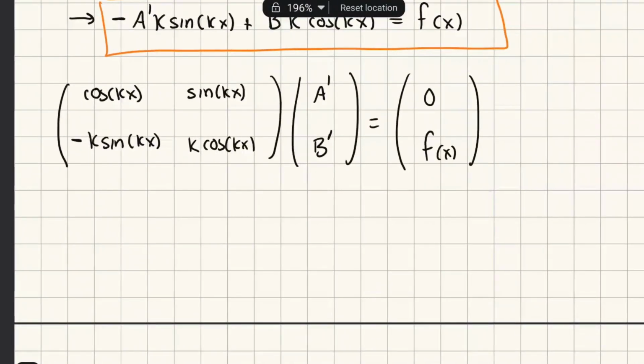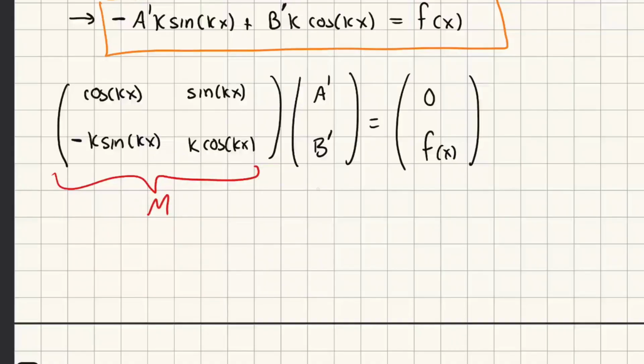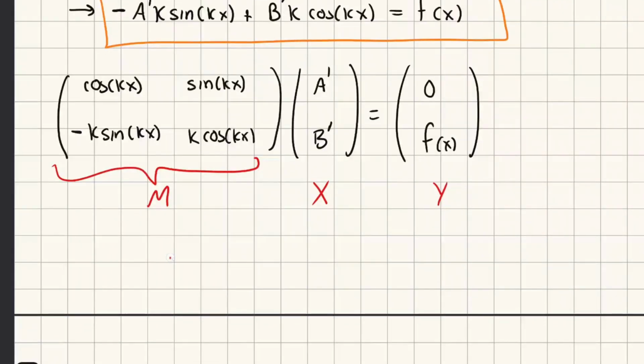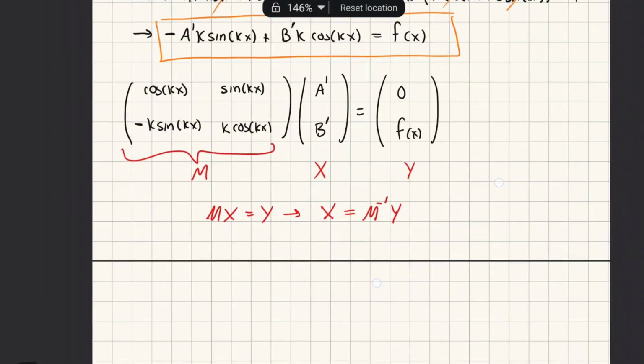Perfect. I'm going to use the method of the inverse of the matrix to find the solution to this system of equations. If we set this matrix equal to M, this to a vector X, and this to maybe a vector Y, we have that M times X is equal to Y, and we want to find X. So X is equal to M inverse times Y. Perfect.